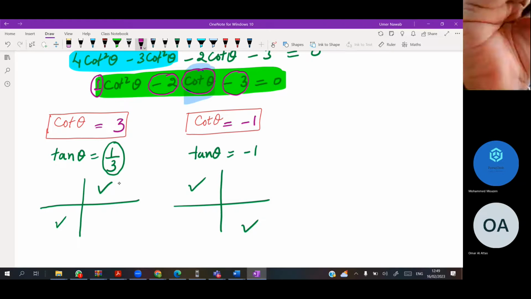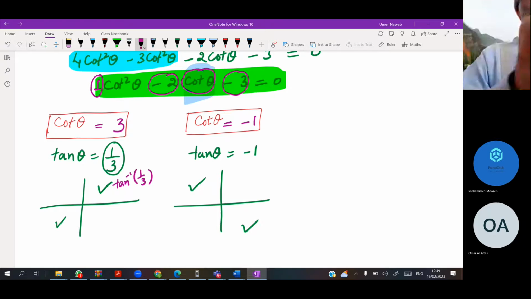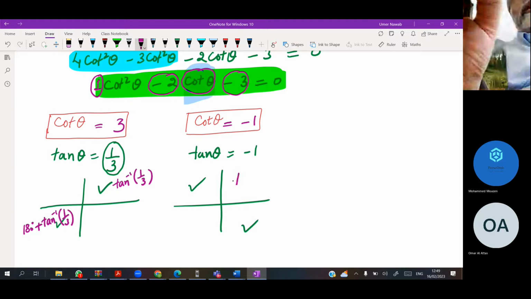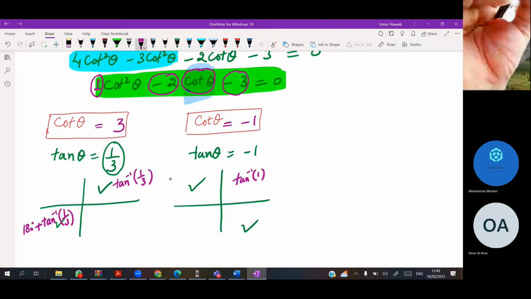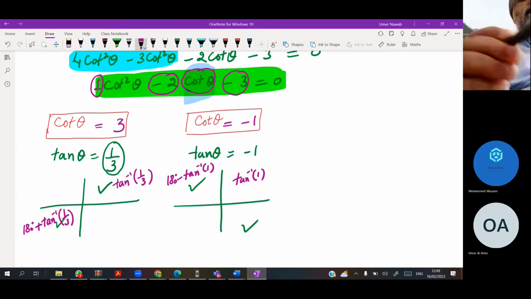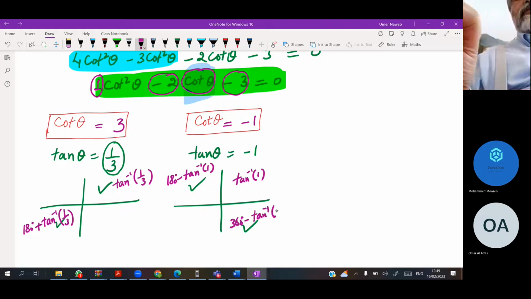I need to get my acute angle, inverse tan of 1/3, and then this answer will be 180 plus inverse tan of 1/3. And here, the acute angle is inverse tan of 1. Here, 180 minus inverse tan of 1. And there, 360 minus inverse tan of 1. I hope it is clear to you.